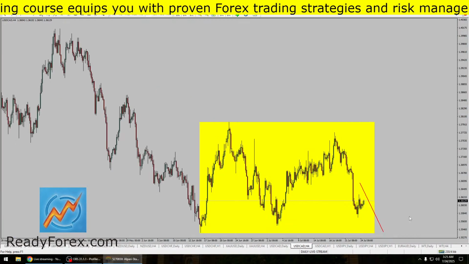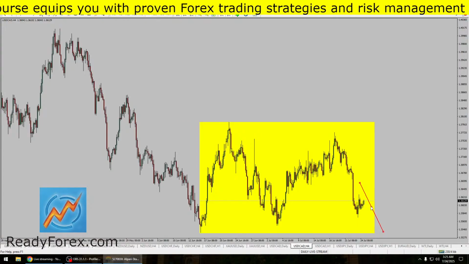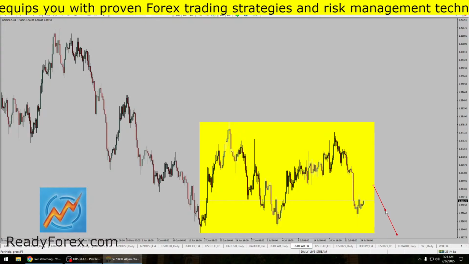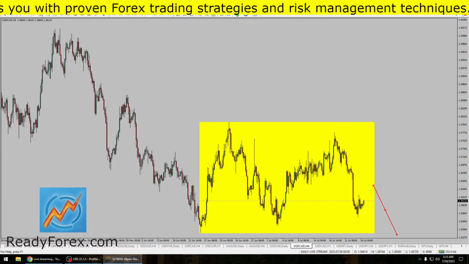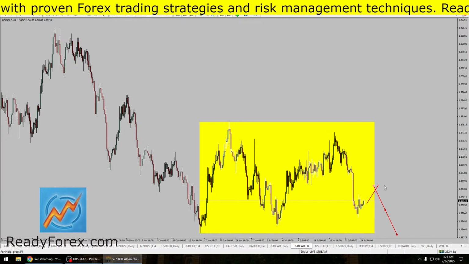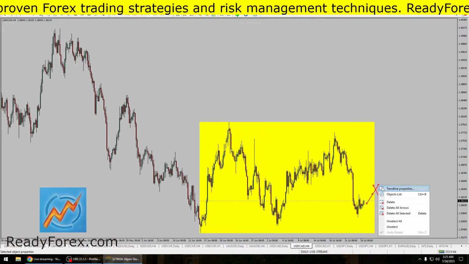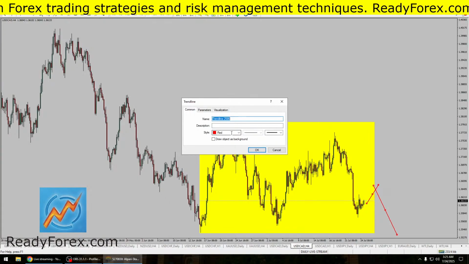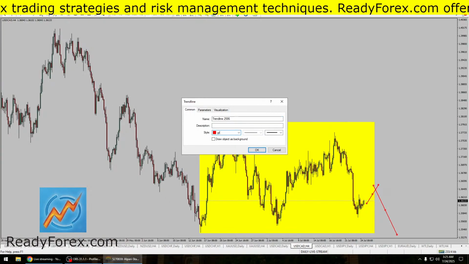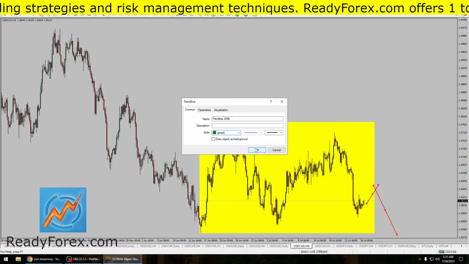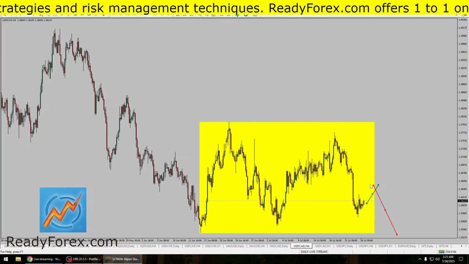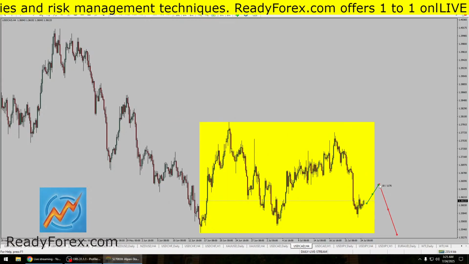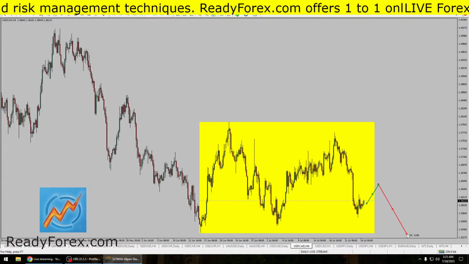If you check out the 4 hour time frame, I expect a short-term bullish move over here. So US dollar CAD, expect a pullback, and then market is going to drop more.